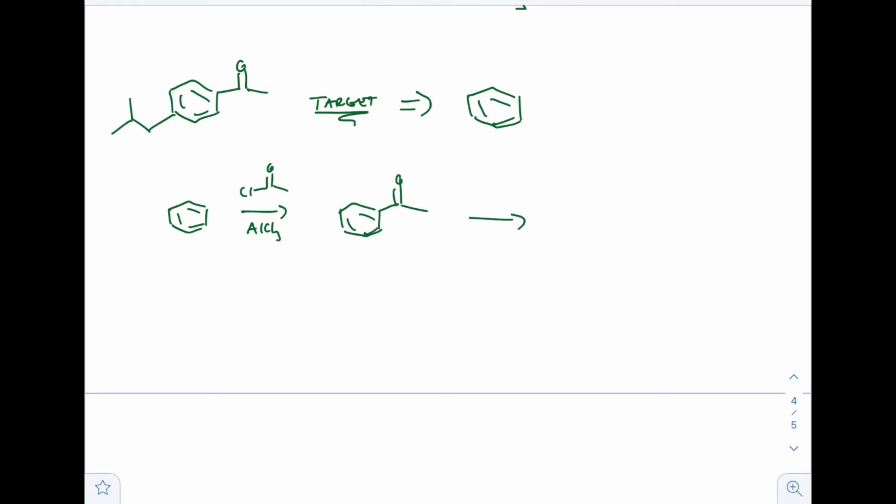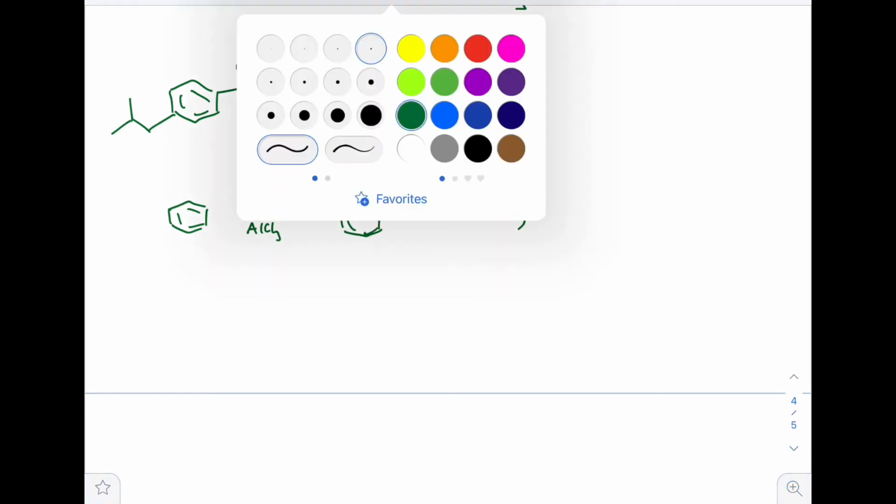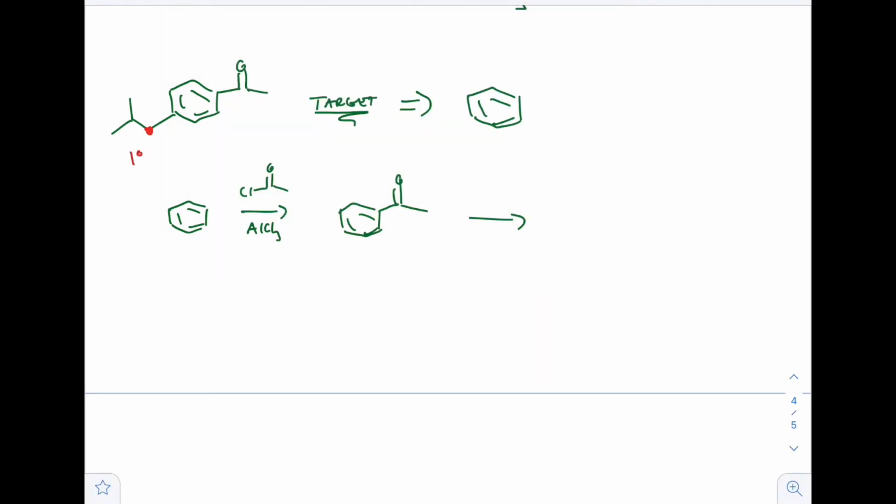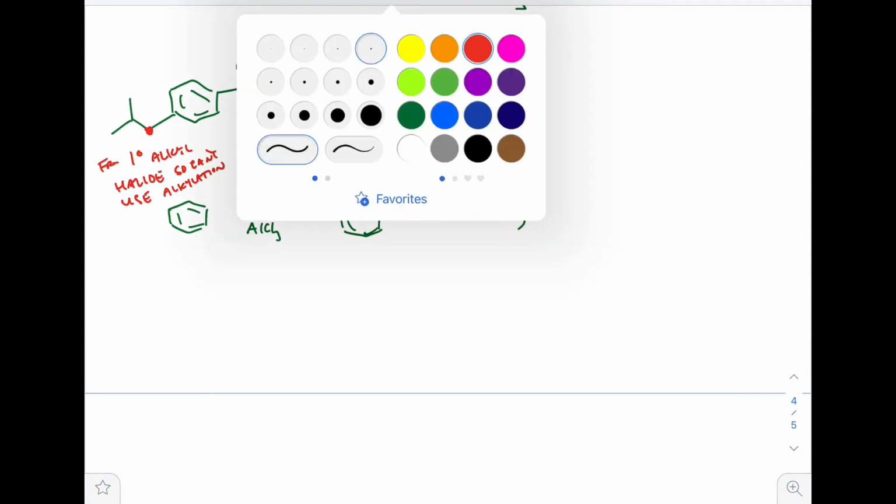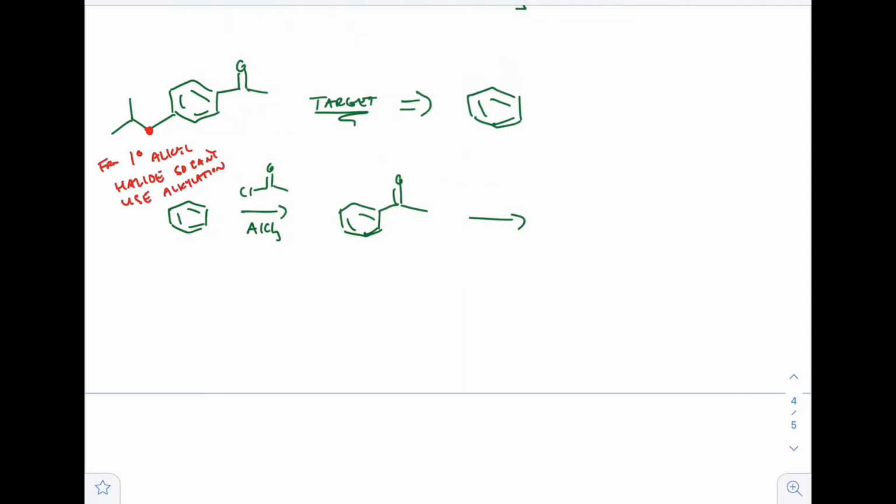And then now what we need to do is, that's a primary alkyl halide, right? If we were going to do Friedel-Crafts alkylation. So if it's a primary alkyl halide, and we have the option to do rearrangement, then it's going to occur. So primary alkyl halide we can't use in this case for Friedel-Crafts alkylation.